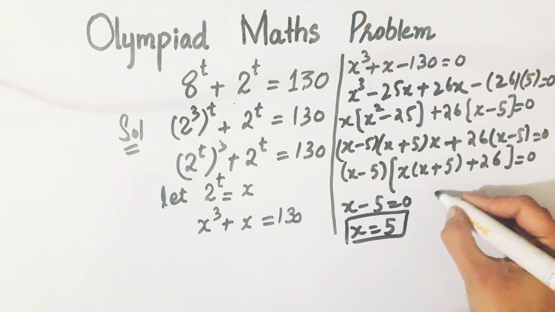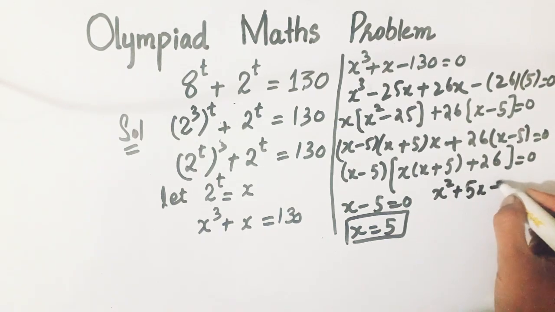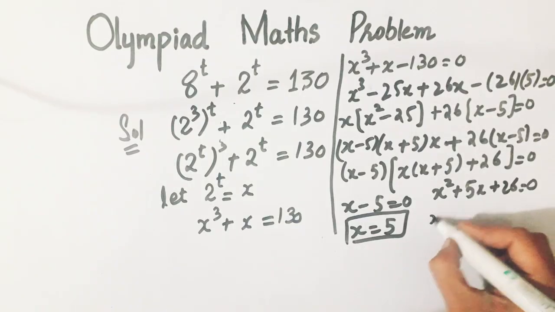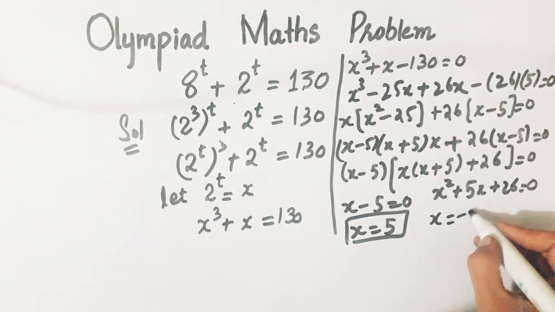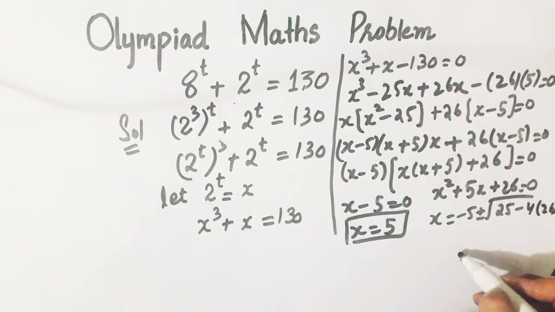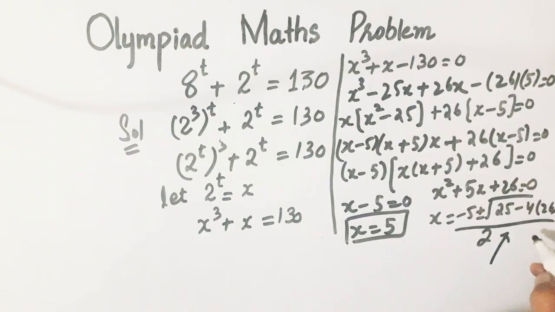And for the other factor we get x square plus 5x plus 26 equals 0. Apply the quadratic formula: x equals minus 5 plus minus the root of 25 minus 4ac, that is 4 into 26. But this will be complex, because there is a negative under the root.